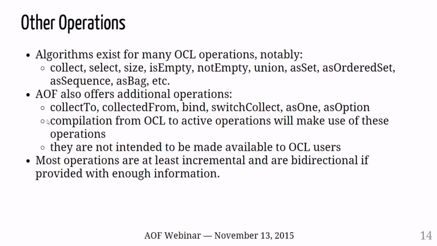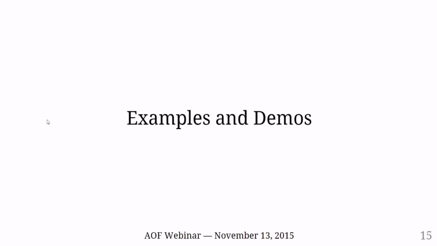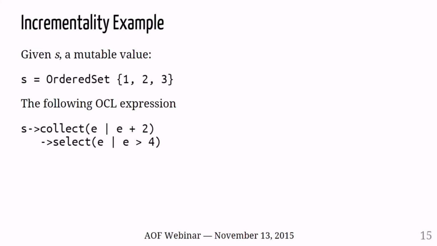Most operations are at least incremental, which means that they can forward changes from the source to the target. And if provided with enough information, they are also bidirectional, like for instance the collect that we have seen previously, which becomes bidirectional if you provide the backward or reverse collector. So we are now going to look at a couple of examples to see a bit more precisely how propagation works, and then we are going to look at some demos.